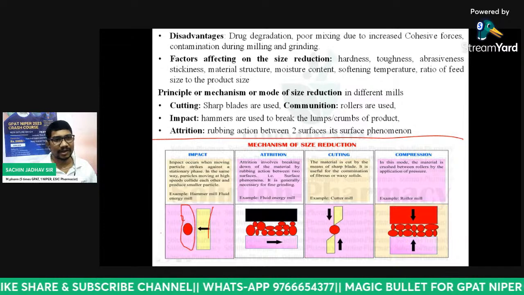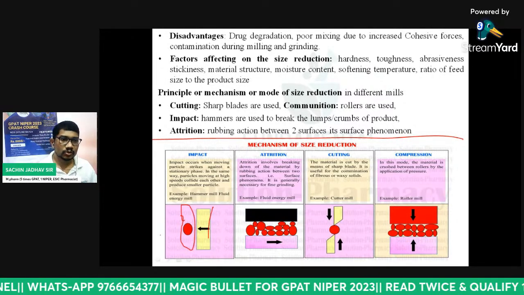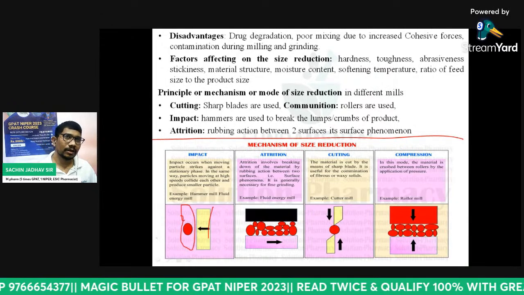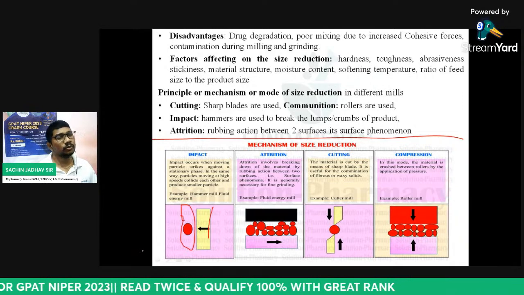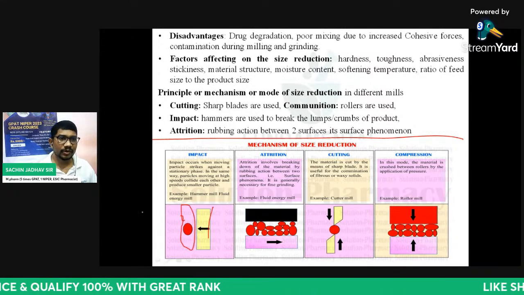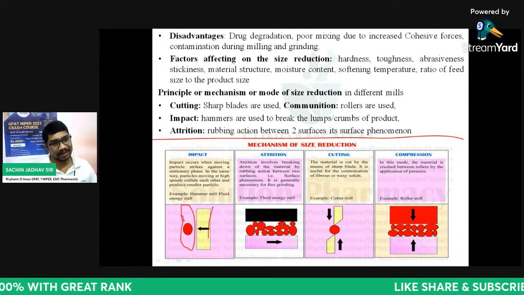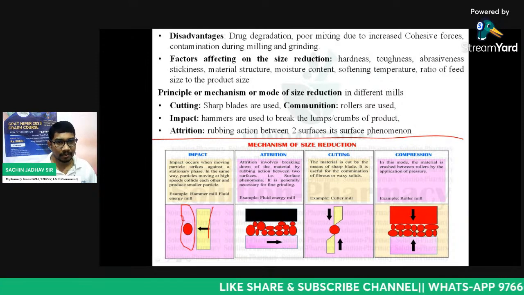If you hit a clay stone with a hammer, that is impact. If you throw the clay stone against a stationary wall or stationary object, again impact. So impact occurs when moving particles strike against a stationary wall or stationary material.